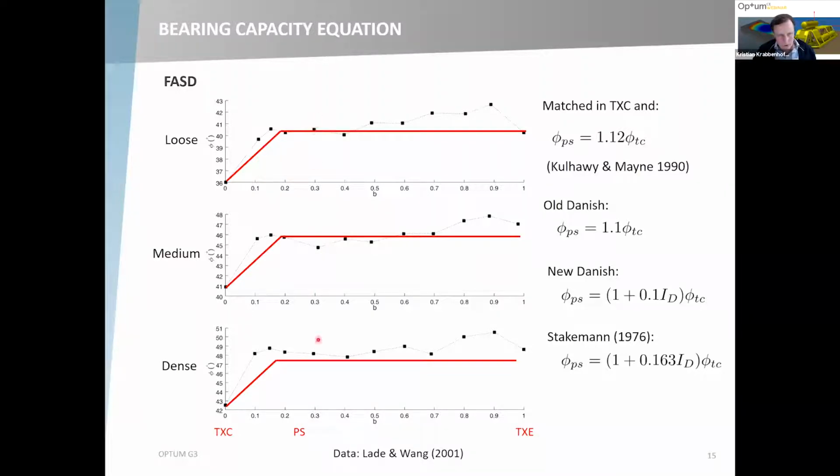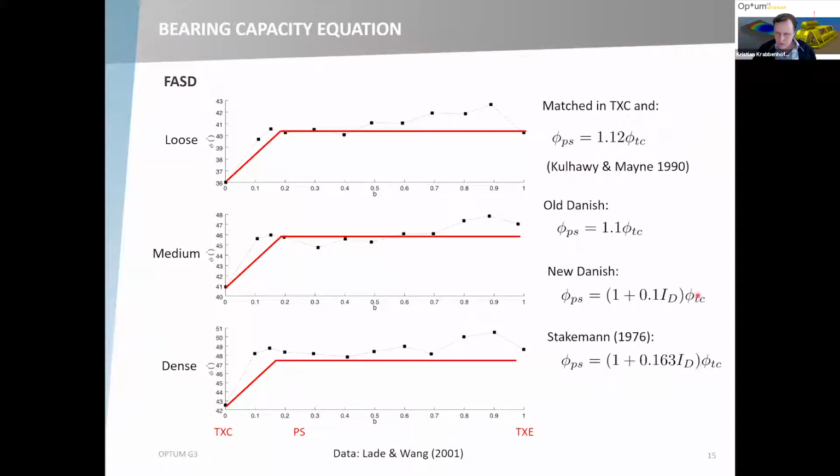And you can see a pretty significant variation of the friction angle, especially from triaxial compression up to other stress states, with triaxial compression being quite a bit lower than, say, at plane strain. There are lots of empirical correlations between these two angles, the plane strain and the triaxial compression angle.